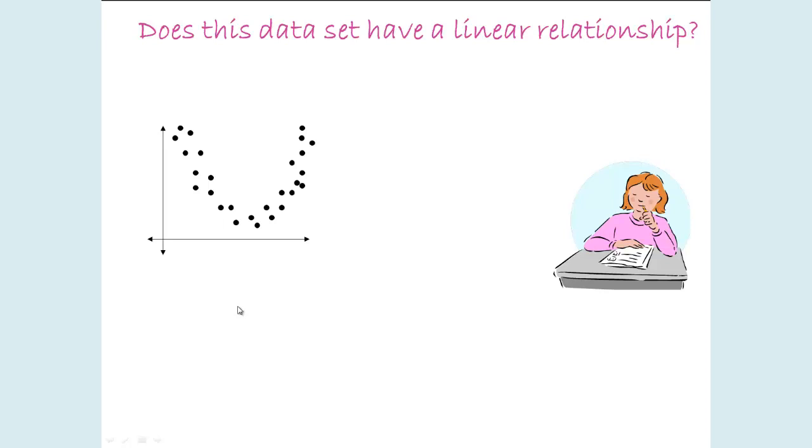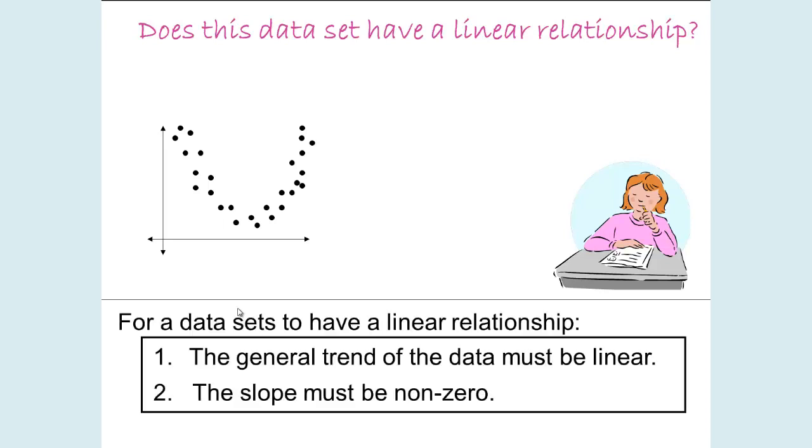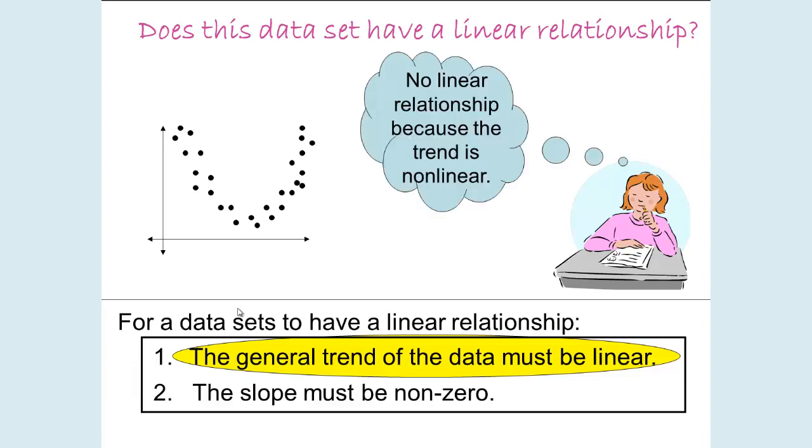Does this data have a linear relationship? Well, it has a relationship. There's clearly a pattern. But the general trend of the data must be linear. This data is not linear. Therefore, there is not a linear relationship, because the trend is non-linear. It looks like a parabola.